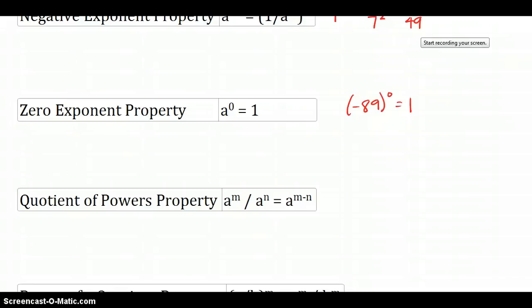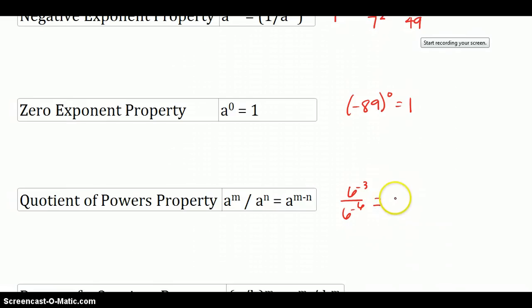Now we're saying that if you are dividing two numbers to a power, you can rewrite that as whatever your base is, and now you're going to subtract your exponents. So before, when you were multiplying, you were adding your exponents. If you divide, you're going to subtract your exponents. So for example, if we had 6 to the negative third over 6 to the negative 6.